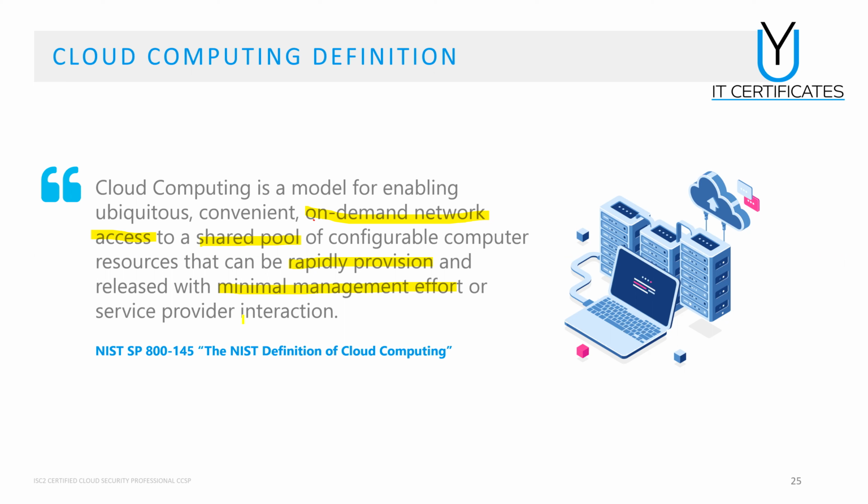And of course, it has shared resource pools: shared processors, memory, storage, other devices and hardware such as a load balancer, any hardware you can think of, or it can be hosted in on-prem data centers, and you can host it virtually on the cloud.